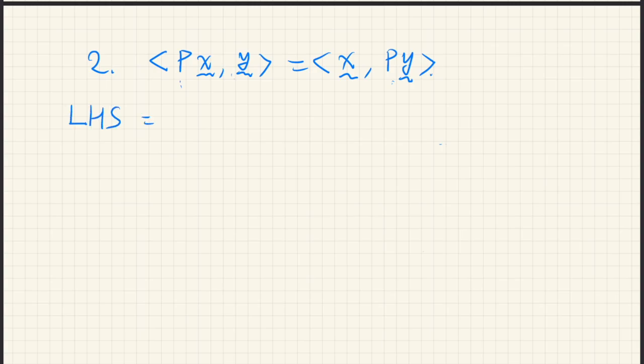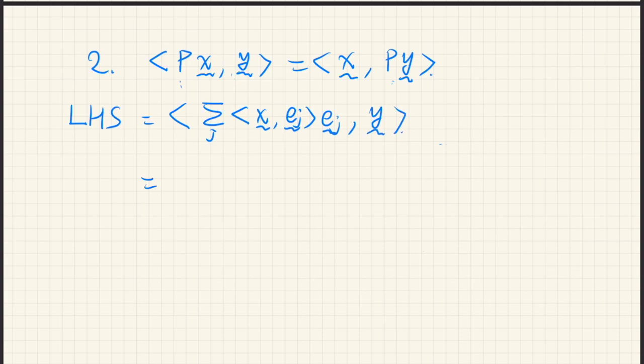And the next property, the second property, is this: the inner product of P x and y is equal to the inner product of x and P y. So the place of P can be here or here, it doesn't matter. This is again easy to see. Just apply the definition. The left hand side becomes the inner product of the sum of x times e_j times e_j with y.